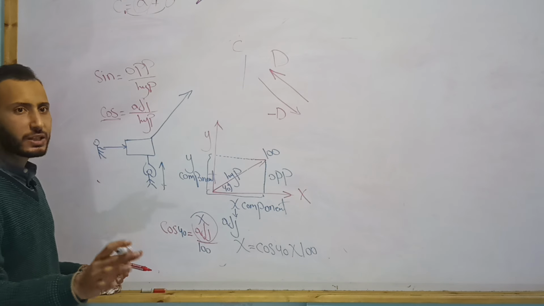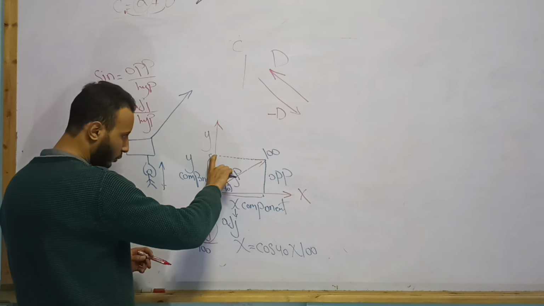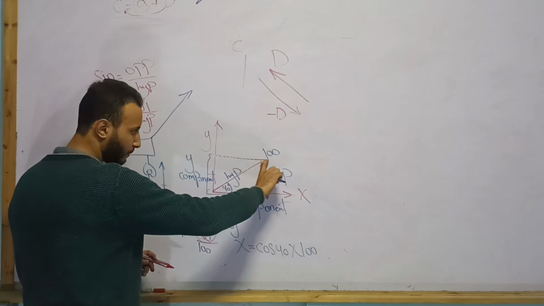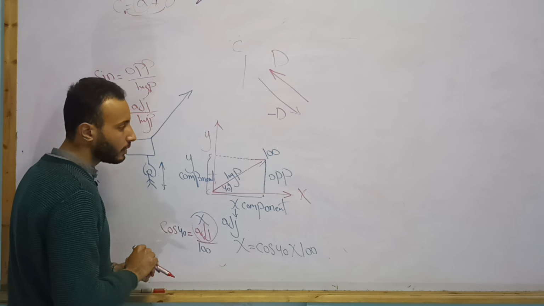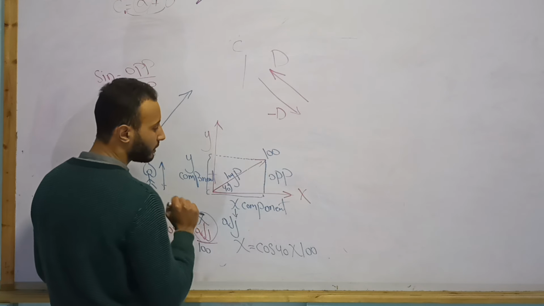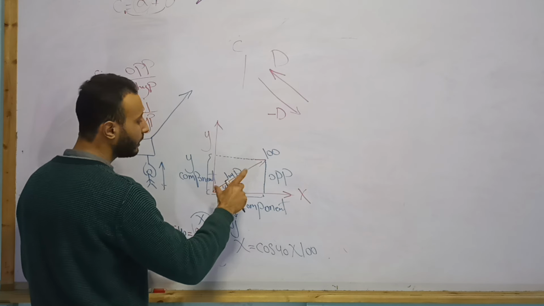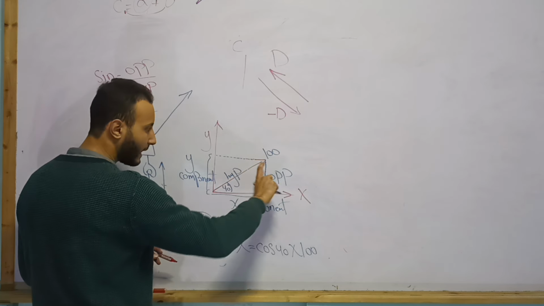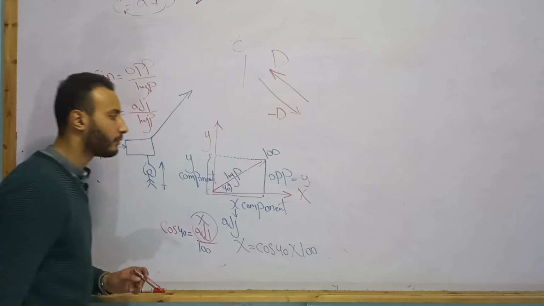The other part: how can you get the y, this part? Ask yourself the same question. What do I have? You like to get the y, which is equal to this part, so the y component. So you just like to get the opposite, and you only have the hypotenuse. You have the hypotenuse and you like to get the opposite, because the opposite is equal to the y component.